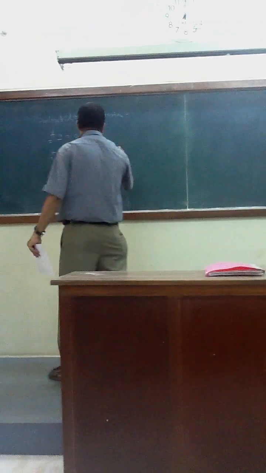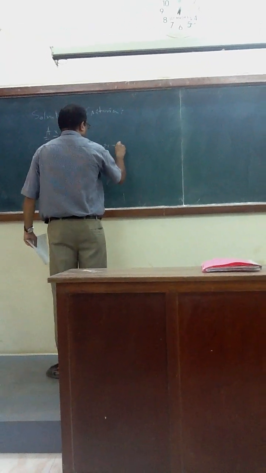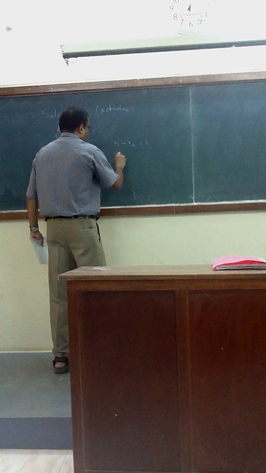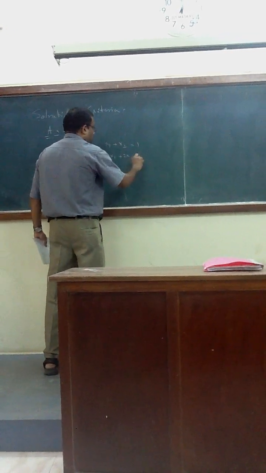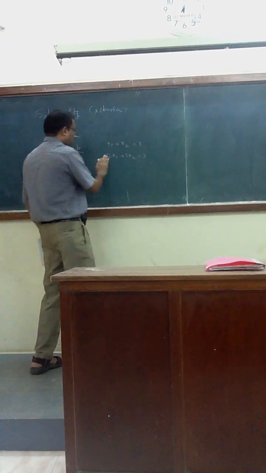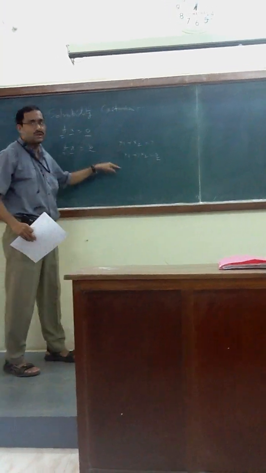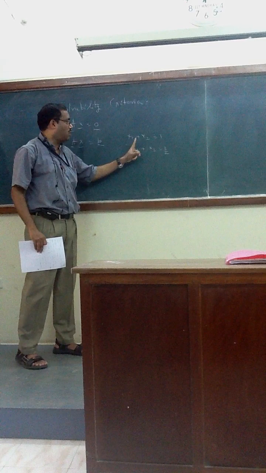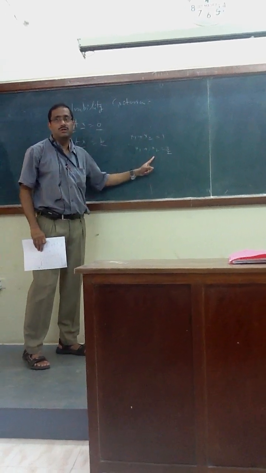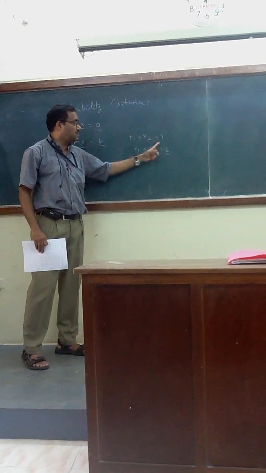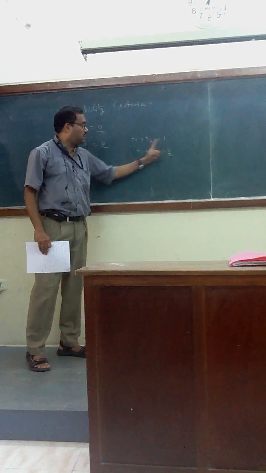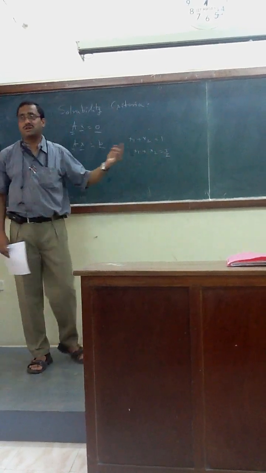Okay, excellent. x1 plus x2 equals 1, and 2x1 plus 2x2 equals 3. Are you sure this is the thing? Okay. So you can write 3 by 2. If you look at this system, the determinant is 0. So if it's 1, the same relation is saying 3 by 2, no solution exists.